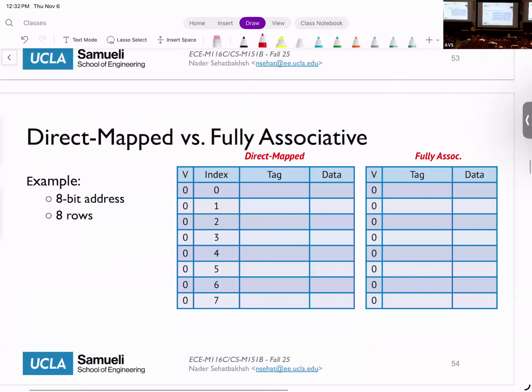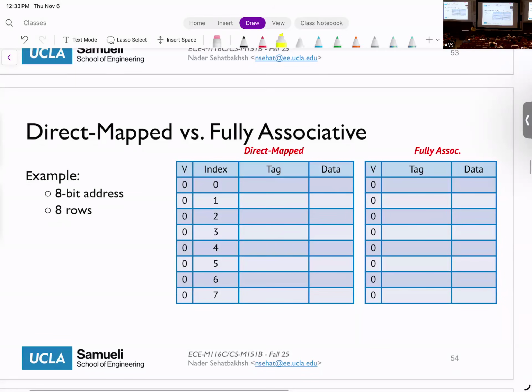Okay. But let's see what the difference is between the two, like why one would be better than the other. Let's say I have a system like this. I'm showing you the tag and the data for this one. Let's say I have a direct map cache and a fully associative cache. Each one has 8 different rows, and let's say your addresses are also 8-bit.